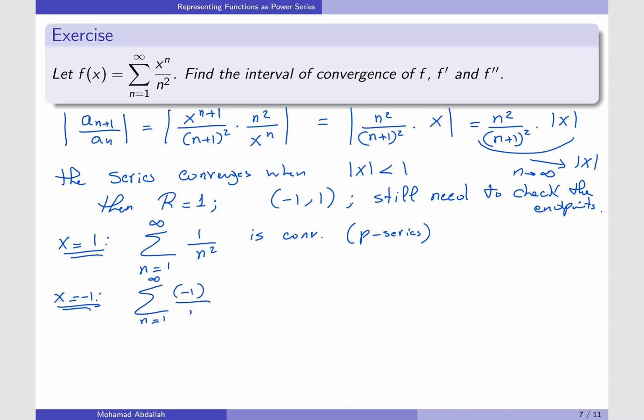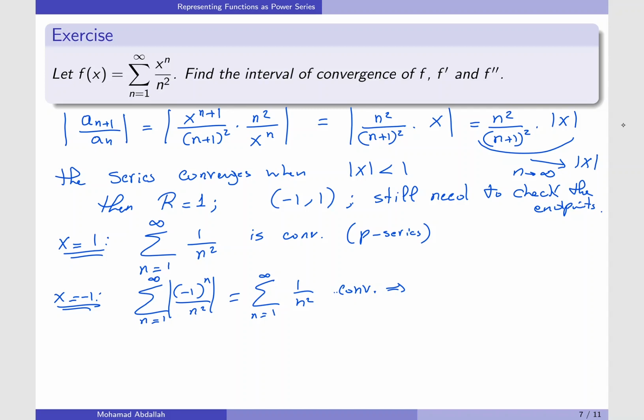Now, when x equal -1, I get the sum from n equal 1 to infinity of -1 to the power n over n squared. And this is actually absolutely convergent, because if you take the absolute value of this, you get the sum from n equal 1 to infinity of 1 over n squared, which is convergent. So it's absolutely convergent. You can also use the alternating series test, but this is easier.